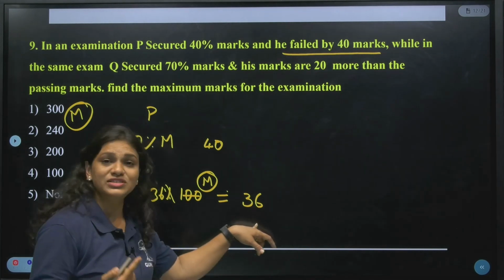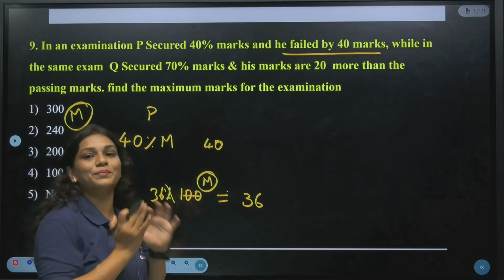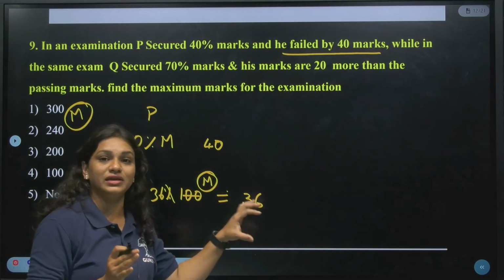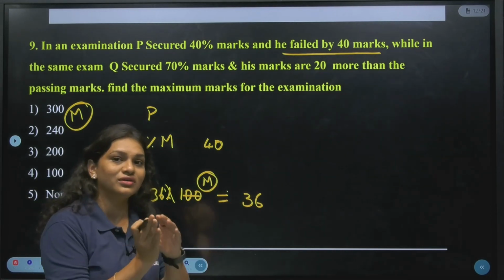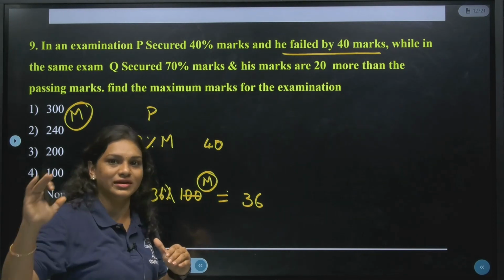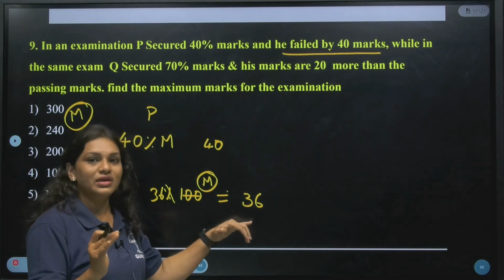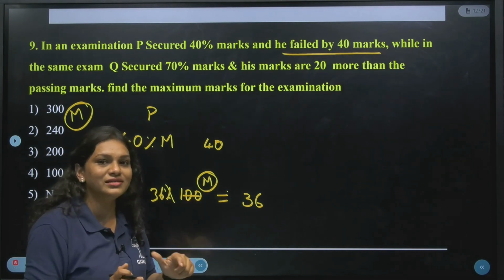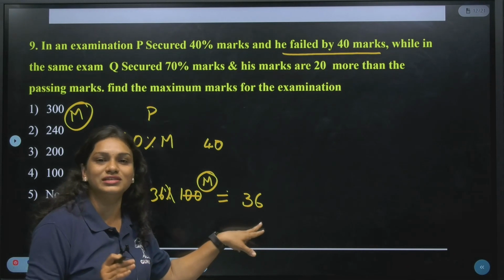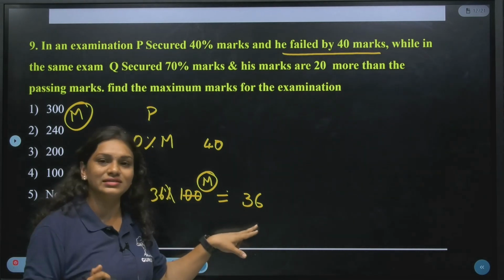The passing marks will be 36, isn't it? Yes. If you score exactly 36 or more than 36, then you will clear the exam, which means you pass the exam. But if the person fails, it means he does not reach 36 marks, he is scoring below 36.